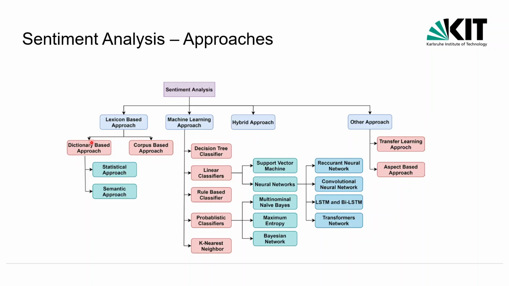So you have this dictionary approach, where you have statistical and semantic approaches, corpus-based, and this is just so you see a more general overview of what's actually happening. But as in most areas of natural language processing or text mining nowadays, transformer networks tend to reign supreme.